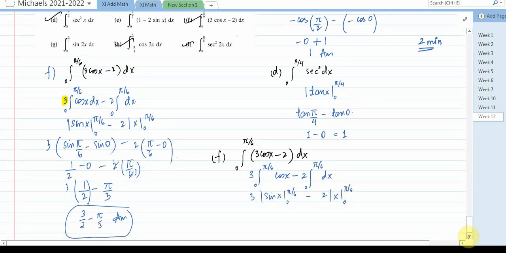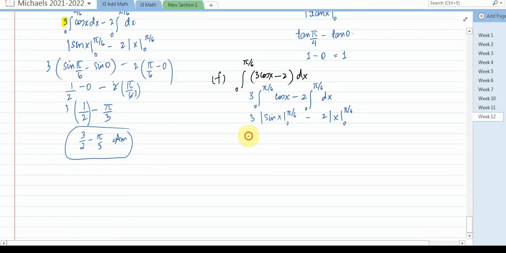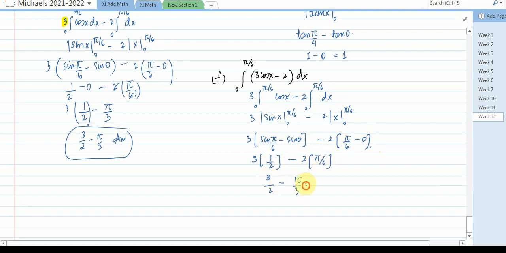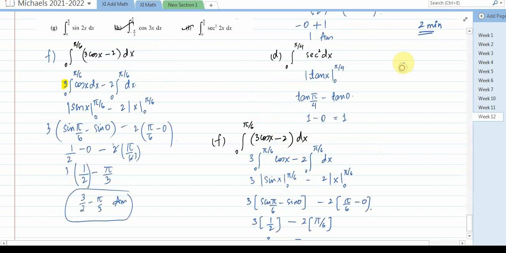Applying limits here, it's 3 times sine pi over 6 minus sine 0, minus 2 times pi over 6 minus 0. So now it will be 3 sine pi over 6, which is sine 30, that is 1 upon 2, minus 2 times pi over 6, so it's 3 upon 2 minus pi upon 3, which is the same as the previous part. So moving on towards the next part, it's part H here.